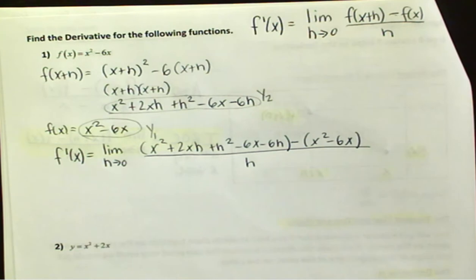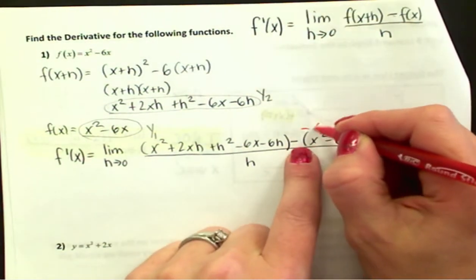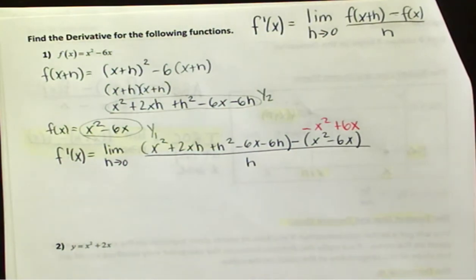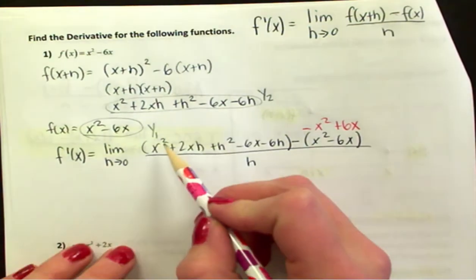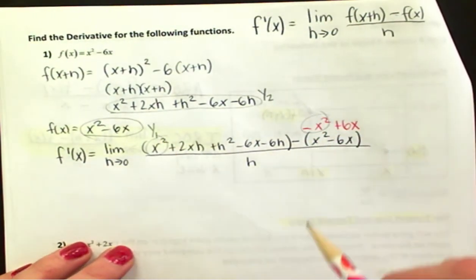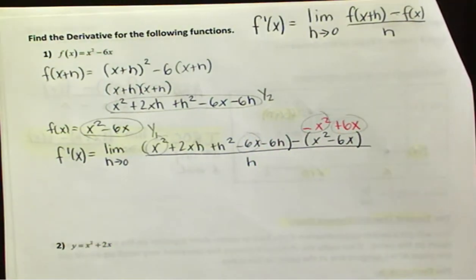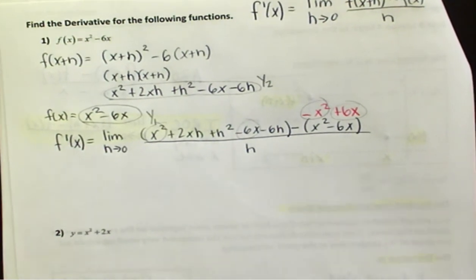Okay, I'm going to distribute my negative right here, but I'm not going to rewrite the whole expression. I'm just going to show the distribution, and then I'm going to look for all my like terms in the numerator. Okay, cancel out. And things are going to cancel out pretty nicely. It's how the formula is built.